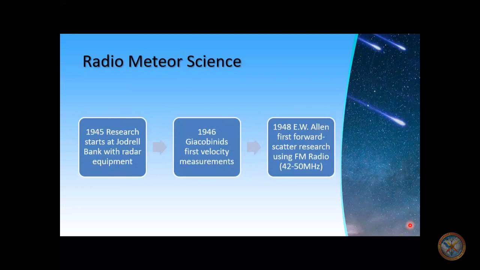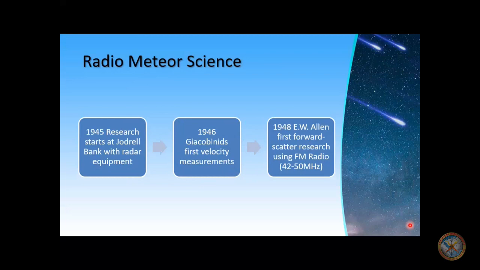Then 1946, the Giacobinids, those are from the comet Giacobini-Zinner, and the Earth passed the trail then just 15 days after the comet, so there was lots of meteors there as well, and they did the first velocity measurements and came to a mean velocity of 22.9 kilometers per second.